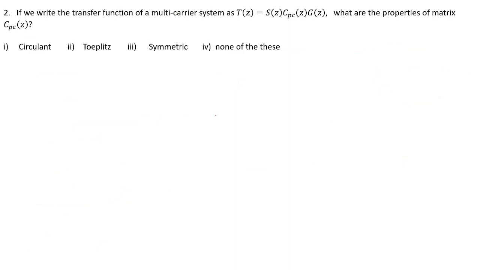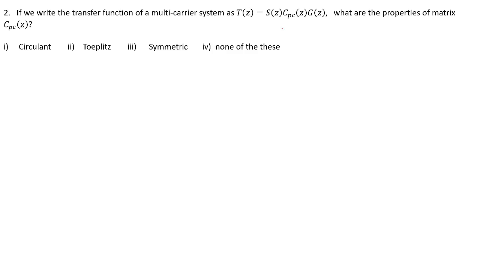With that, let us move to our second question. So this is also a question quite directly from lecture, that we have already seen the transfer function of the multi-carrier system T(z) can be written in this format: S(z), C_pc(z) and G(z). So it asks what are the properties of C_pc(z).